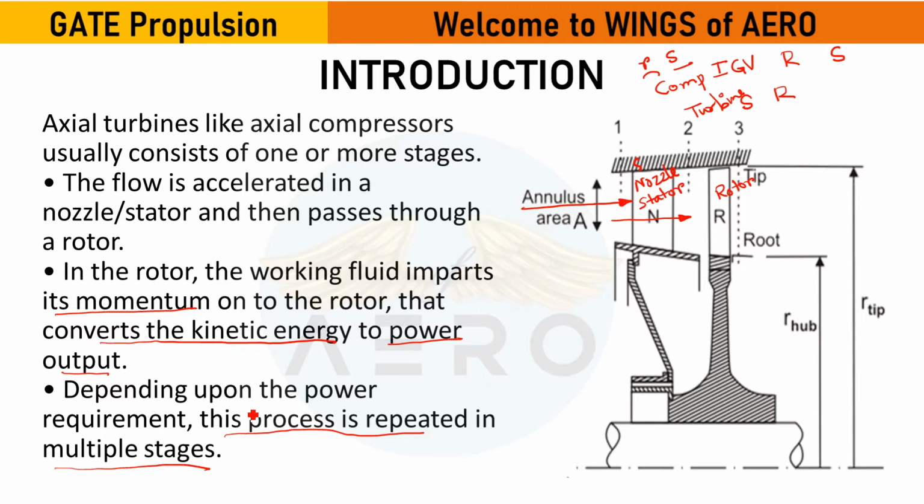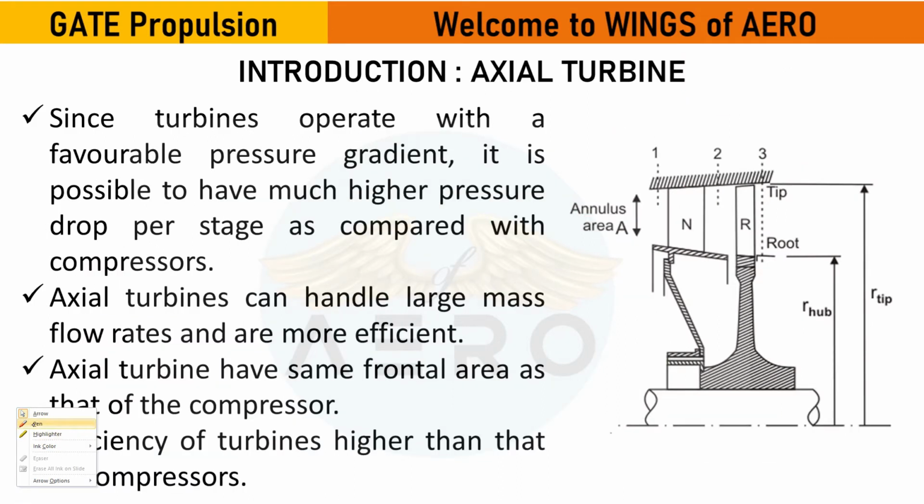Now the next important point is that the axial turbine can handle a large amount of mass flow rate and is more efficient. I will tell you how it is more efficient. The axial turbine has the same frontal area as the compressor.